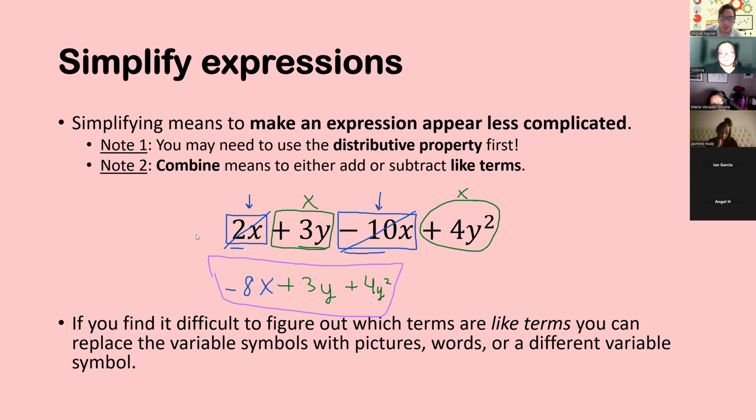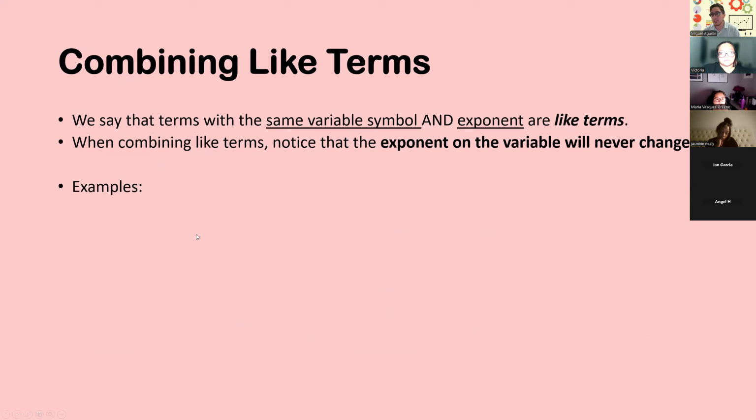Okay. So here's some more examples, just so that you can see them. X plus X equals 2X. Are you guys okay with that? Yes. Okay. If I have 5P plus 7P, that equals 12P.